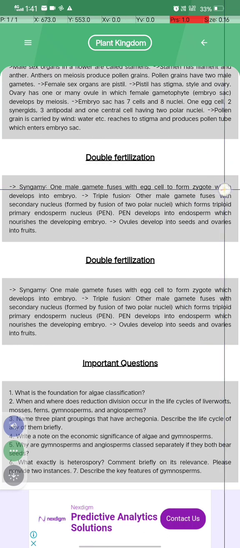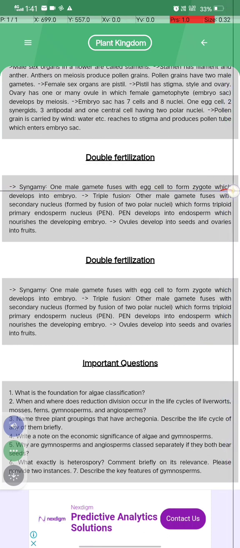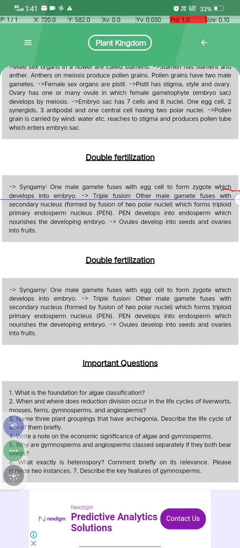What is double fertilization? Syngamy: one male gamete fuses with the egg cell to form the zygote, which develops into the embryo. Triple fusion: the other male gamete fuses with the secondary nucleus, formed by the fusion of polar nuclei, and forms the triploid primary endosperm nucleus, which develops into the endosperm and nourishes the developing embryo.